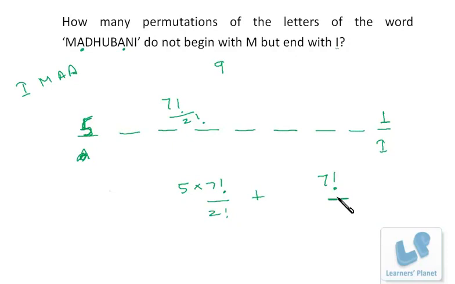If A is at the first place, this is the number of arrangements; if none of the A's is at the first place, then this is the number of arrangements. So we just have to calculate that. We take 7 factorial common, so it's 5 by 2 plus 1, that is 7 by 2. So 7 into 7 factorial by 2 will be our answer. I hope you are clear with both the cases.